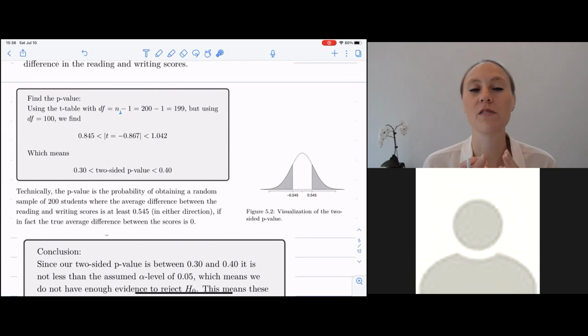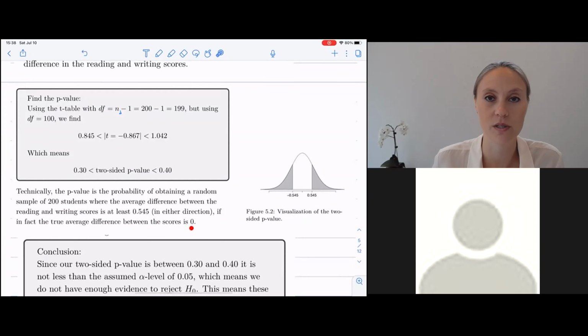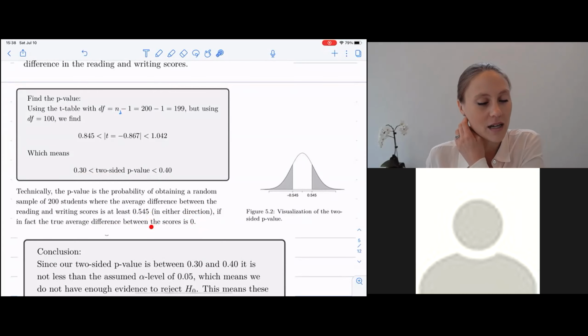So it's the probability of seeing something as extreme or more extreme than what you saw in your sample, if in fact the true average difference between the scores is zero, right? That is the null hypothesis. So the p-value is really high, which means that, well, that is likely, right? If I randomly select 200 students and I find a difference of 0.545 in either direction or more, then that's the p-value.